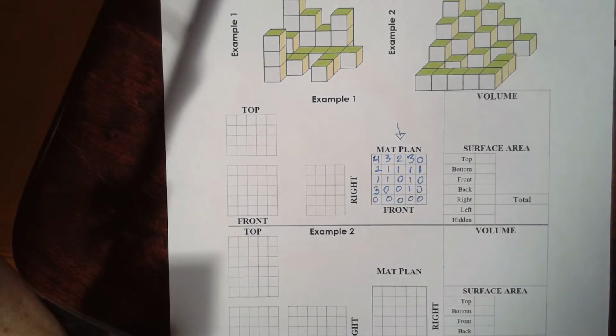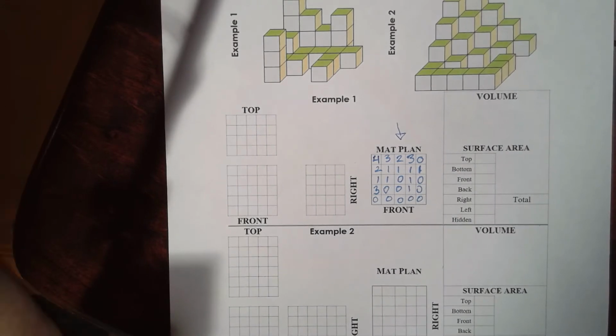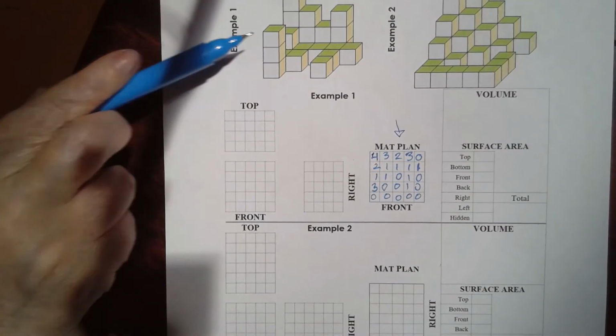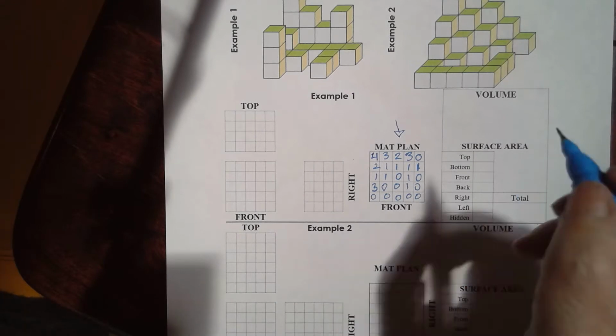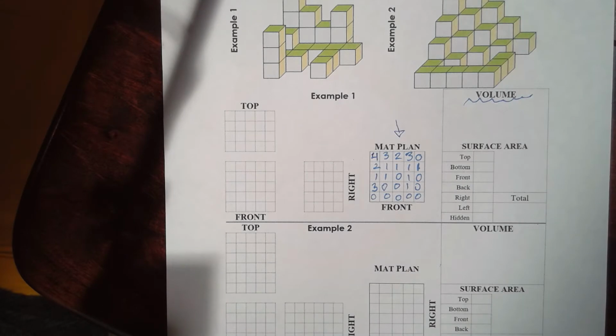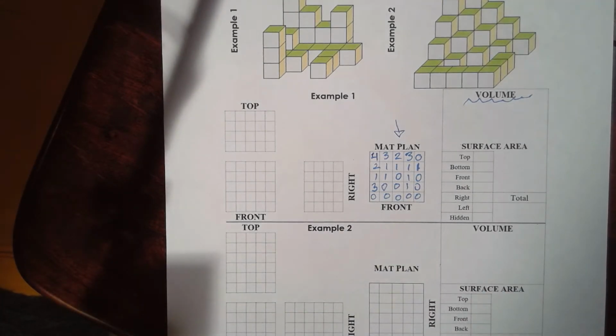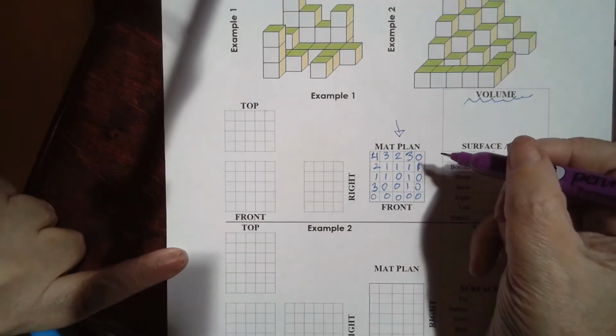So now what we have is the map plan that goes with example 1. What's really cool about this is now we can figure out the volume with very little effort. If I look at this, I can count up how many blocks I have in each stack.